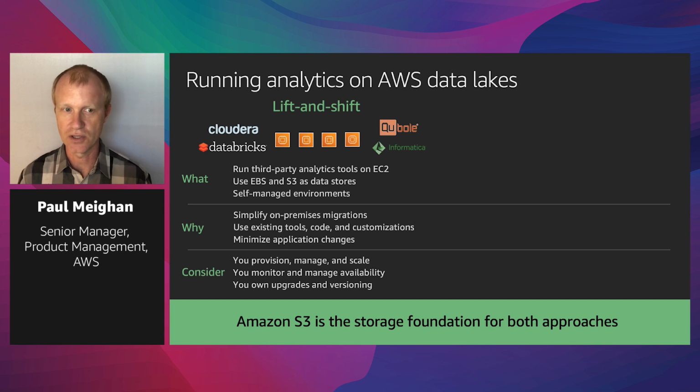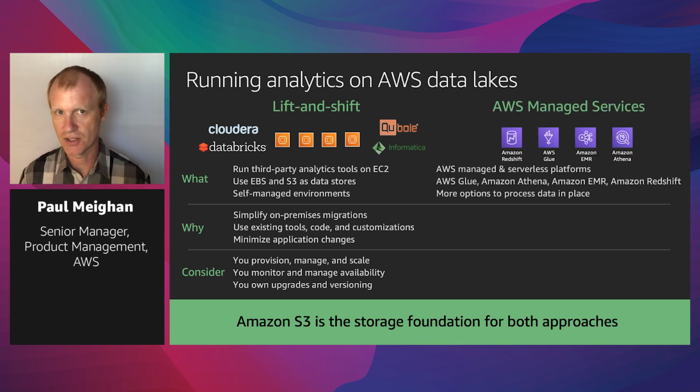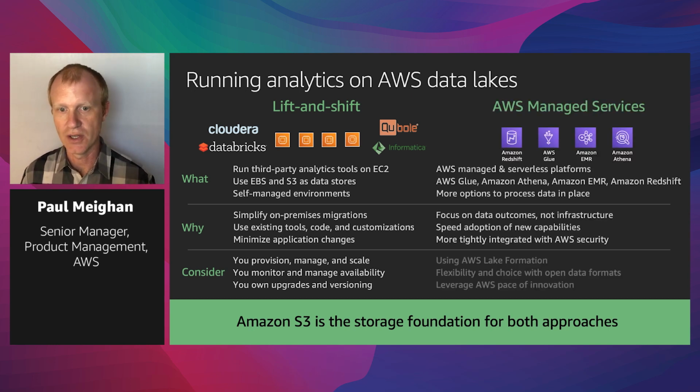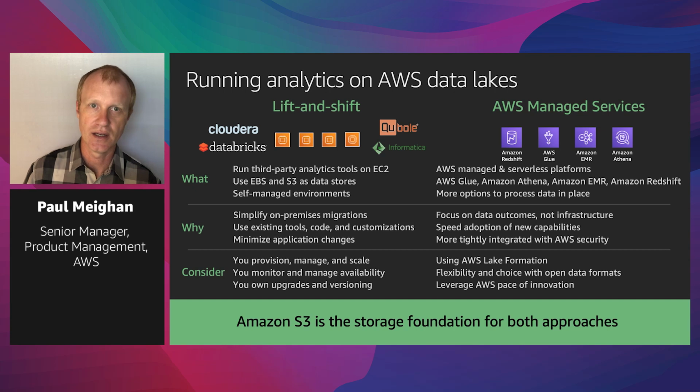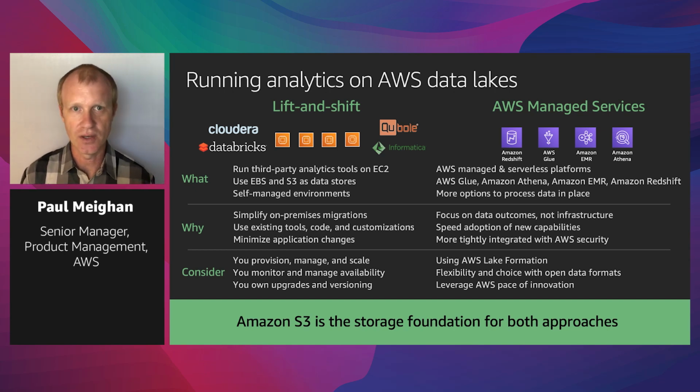scalable S3 storage. Your other option is to go the AWS managed route, using these serverless platforms like Redshift, Glue, EMR, and Athena. These are AWS services that are fully managed, right? They allow you to go in using our APIs and the AWS Management Console, and allow you to focus more on data outcomes rather than the underlying infrastructure to get your analytics apps up and going.